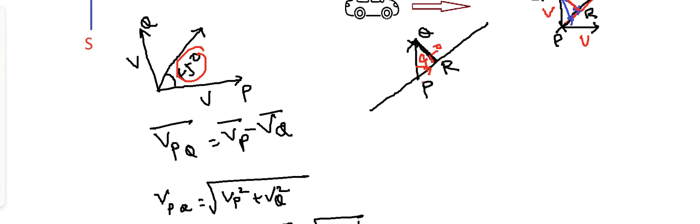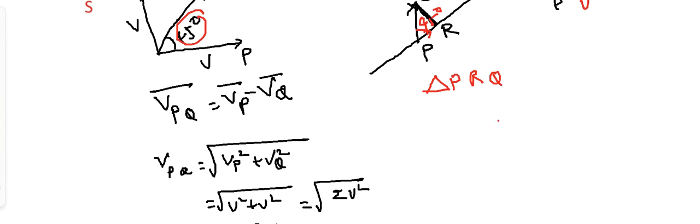Therefore, in this right angle triangle PRQ, I want to calculate the opposite side. So the opposite side is QR. How to calculate this opposite side? Simple, take sine 45. Sine 45 is equal to the opposite side QR by the hypotenuse PQ.